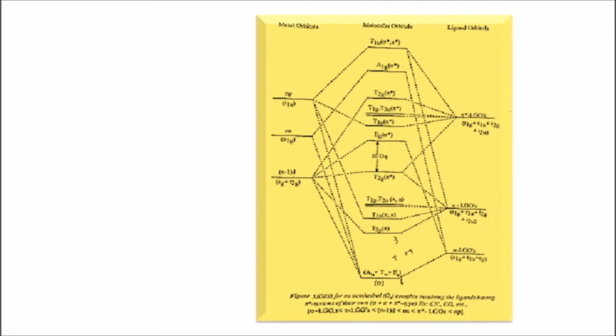Now here you can see the MOED diagram for the pi acceptance interaction. These are the atomic orbitals of the central metal ion, 3D, 4s, 4p. 3D is lower in energy, 4s is a little higher, 4p is even higher. This is MO we're going to discuss later. And this is LGO.